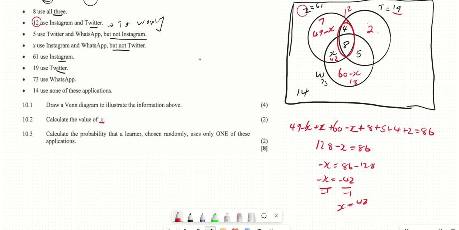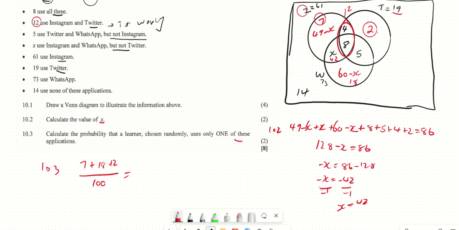Now 10.3. Calculate the probability that a learner chosen at random uses only one of these. Only one, so not one or more. Which ones are only one? 7 use only Instagram, 2 use only Twitter, 18 use only WhatsApp. So the probability is 7 plus 18 plus 2 divided by 100, the total number of learners.